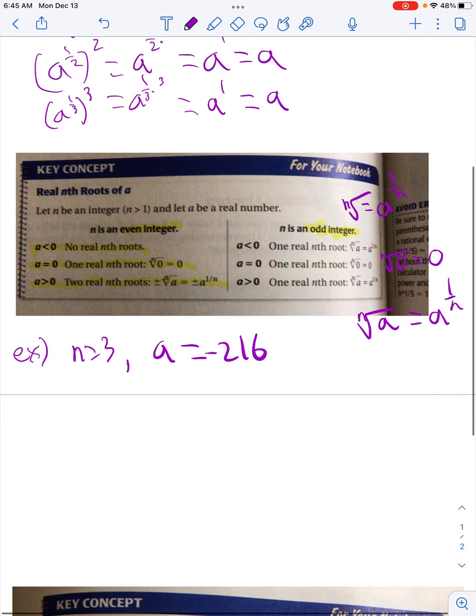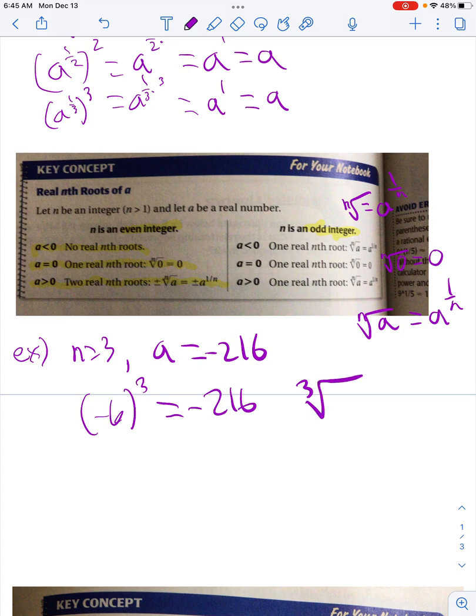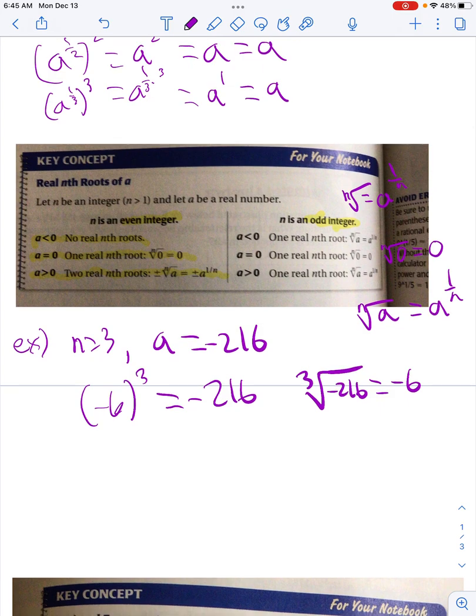Because negative 6 to the third power equals negative 216, we could write the cube root of negative 216 equals negative 6, or we could also write it as negative 216 to the 1/3 power, which equals negative 6.